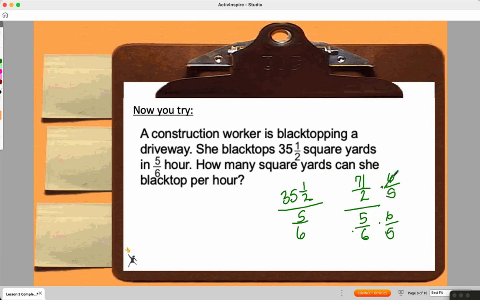I can't cross reduce here, but I can cross reduce here to 1 and 3. So I'm going to get 243 over 5. So I've got to simplify. I know it goes into it about 48 and 3/5 times.